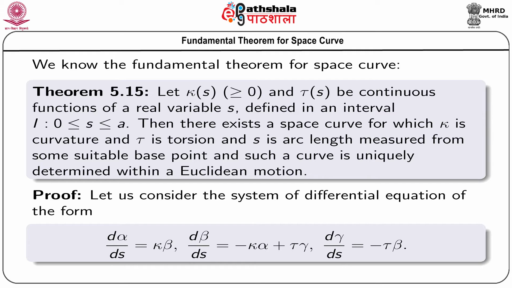Let us consider the system of differential equations of the form d alpha/ds = kappa beta, d beta/ds = -kappa alpha + tau gamma, and d gamma/ds = -tau beta. So, this is the system of differential equations.